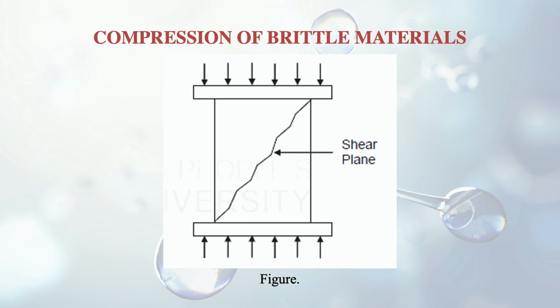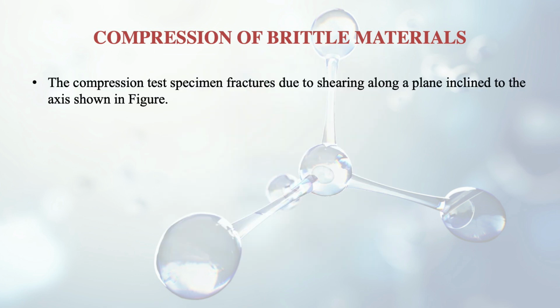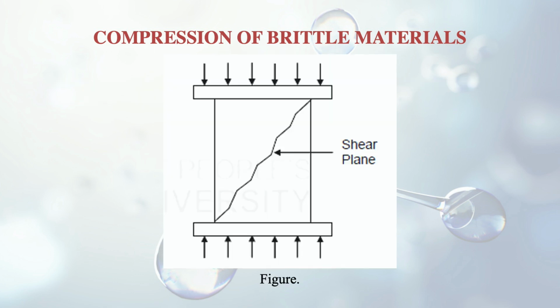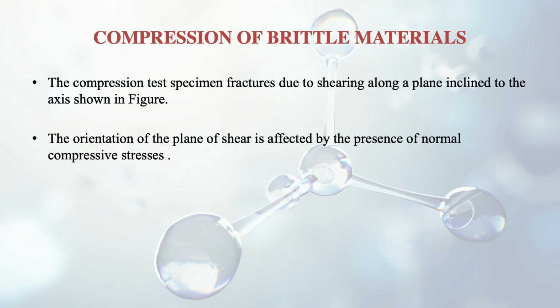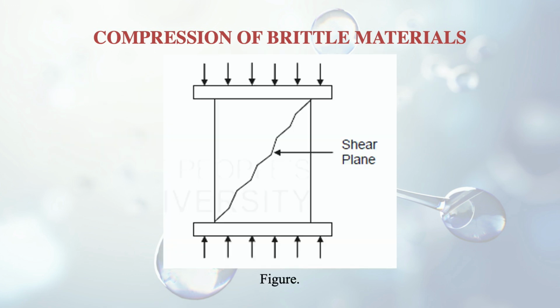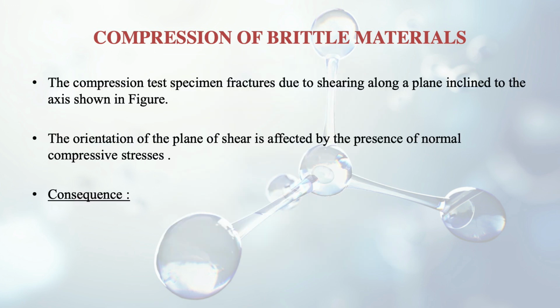So here a compression test specimen is shown, and how it fractures. It fractures due to shearing along a plane inclined to the axis as shown in the figure, and the orientation of the plane of shear is affected by the presence of normal compressive stresses. You can see this compressive stress is acting normally to the cross section. This will affect the plane of shear. So what will be the consequence of that?